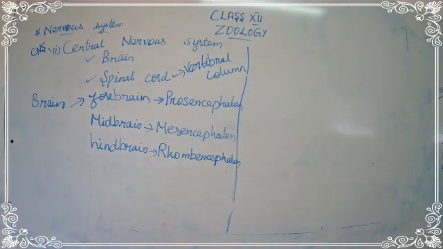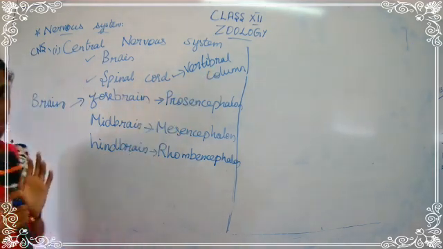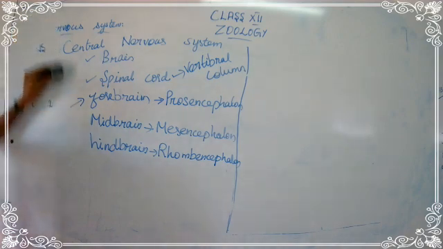Forebrain is otherwise called prosencephalon, midbrain is called mesencephalon, and hindbrain is called rhombencephalon. And likewise the spinal cord is enclosed in the vertebral column.